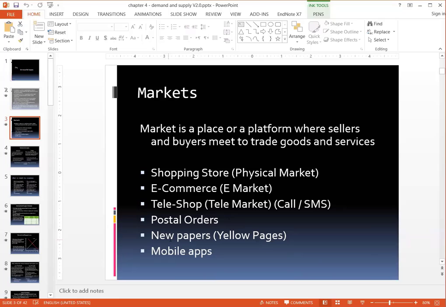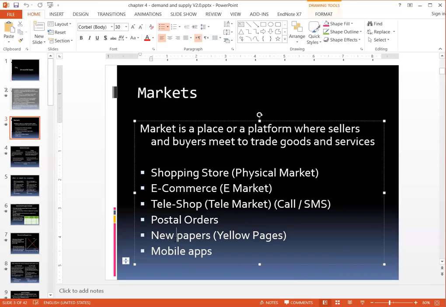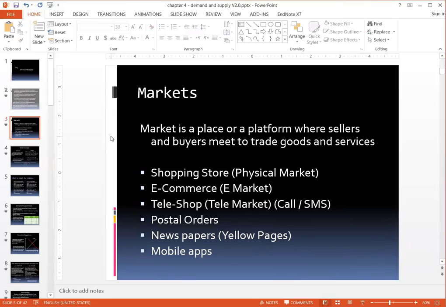Or newspapers, which use advertisement; we also call it yellow pages. Then mobile apps, just like Raz.pk or eBay or Amazon. These are the platforms where seller and buyer can meet to exchange goods and services.